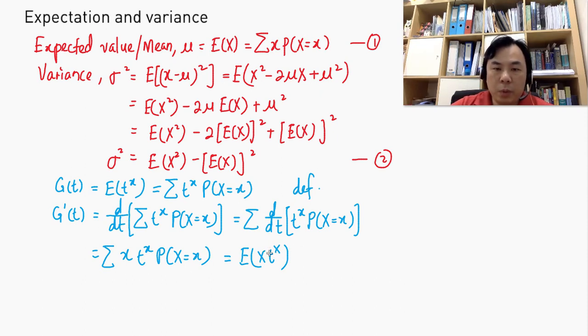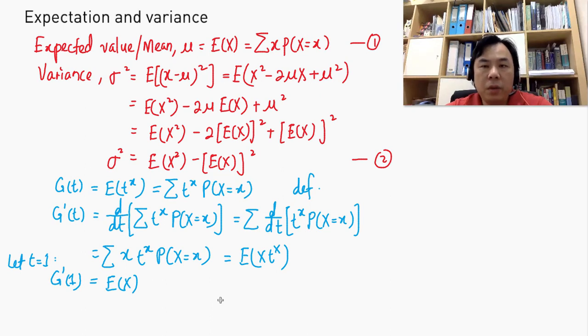Now, what is more important here would be if I let t equal to 1, if I substitute t equal to 1 into my first derivative of the probability generating function, let's see what we have. So if you substitute t equal to 1 here, we will end up with E[X], and then voila, that is the first relationship between the probability generating function and the expected value.